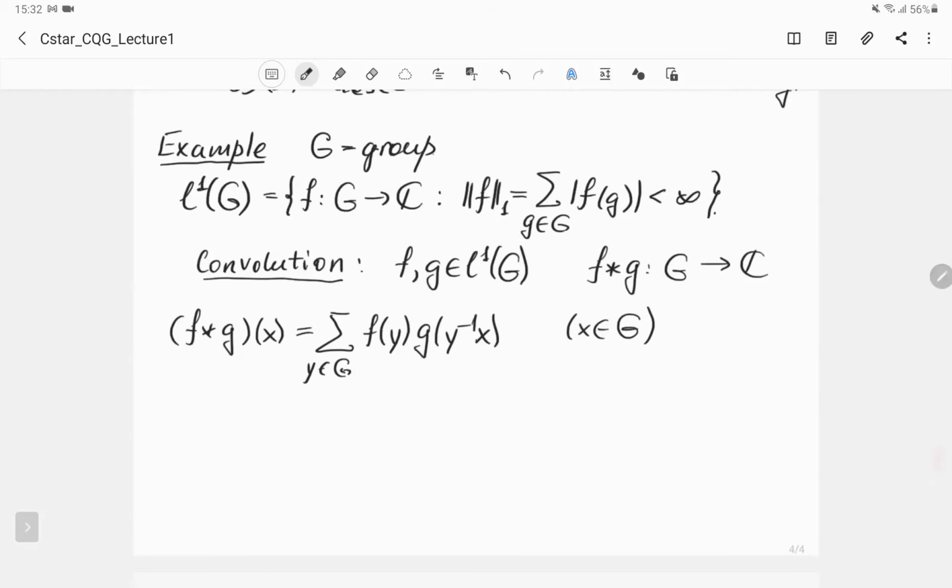It's a simple exercise to show that the series indeed converges, and the resulting function is also an element of the little l1 space. And this operation makes little l1(G) into a Banach algebra with convolution product.